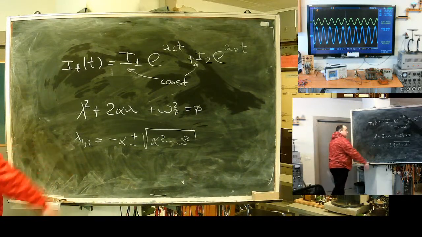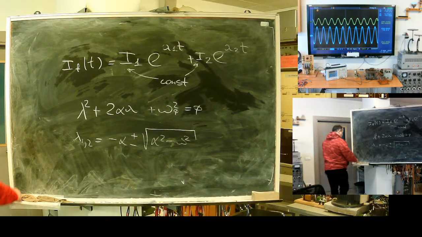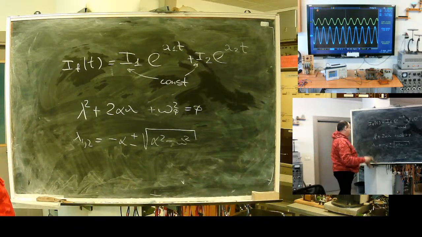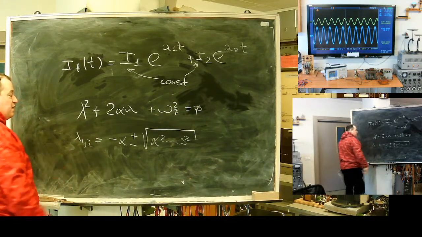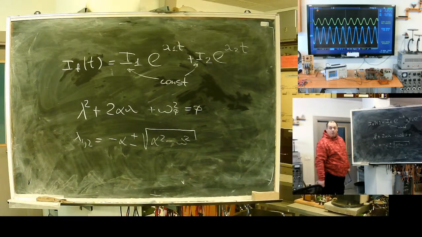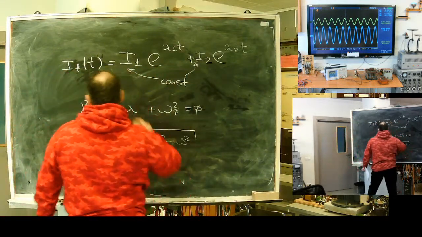These are the possible frequencies. Well, okay. The character of the process is defined by lambdas and the border or starting condition by these two constants.